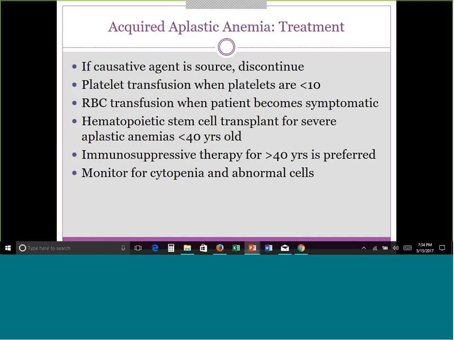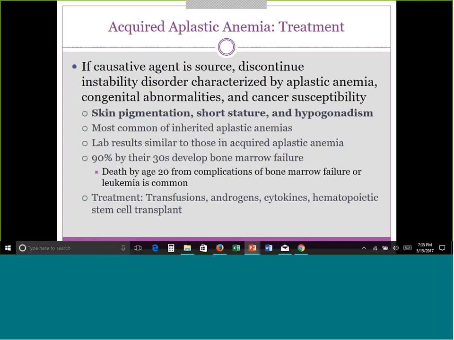We can try to up their numbers by transfusion products to help keep them going. If they are young enough, then we might look at a hematopoietic stem cell transplant to give them nice, healthy stem cells. If they're not that young, if they're an older adult, then we might look at more immunosuppressive therapy and things like that to just try to maintain them.